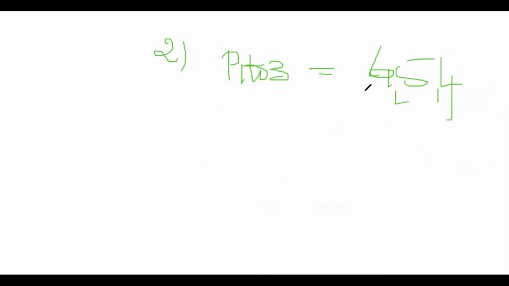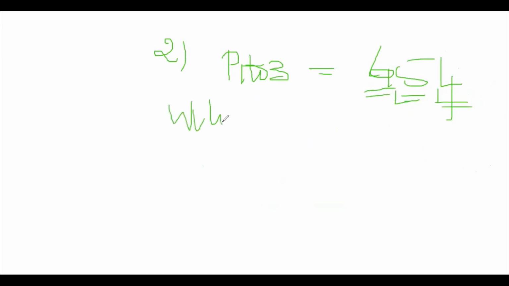Okay. So for the second example, I'm giving 3 values of profit, P1 to P3: P1 is 6, P2 is 5, P3 is 4.